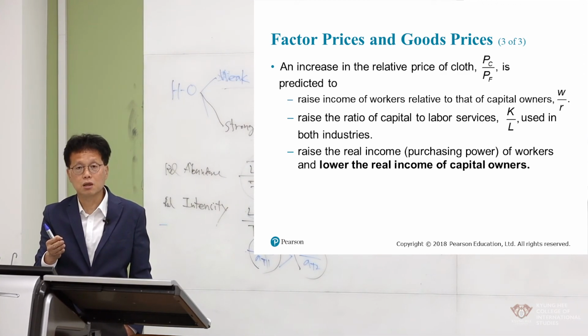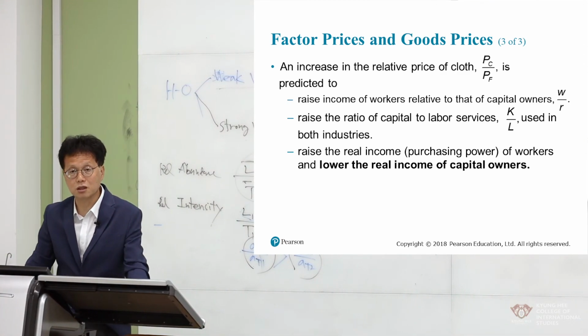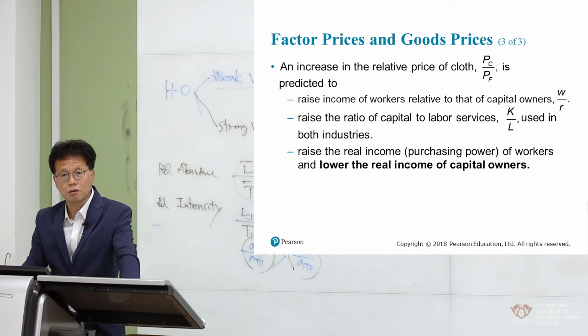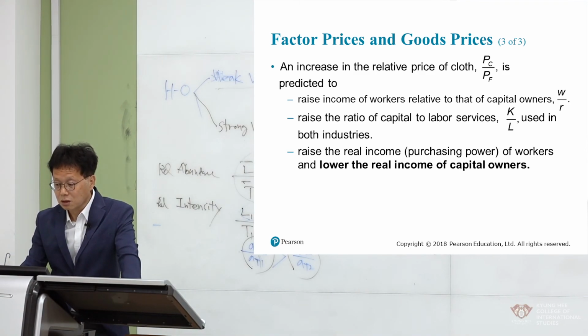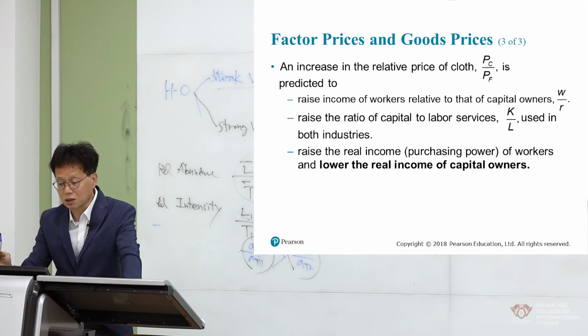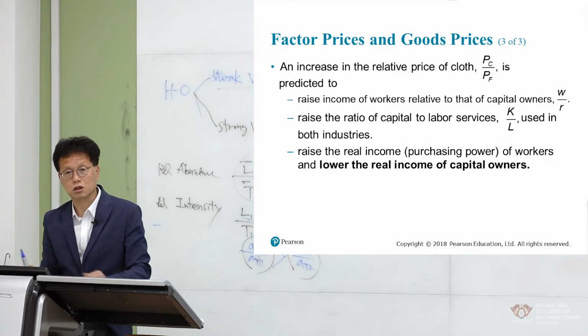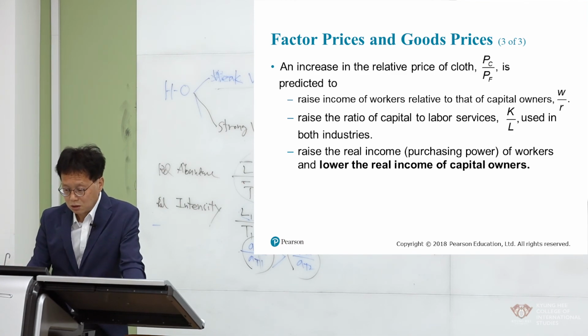In the Ricardian model, the wage rate increases, as you calculated in the numerical example, but not anymore here. Workers' real income increases as the marginal product of labor increases. At the same time, the marginal product of capital decreases, so the real income of capital owners, landowners, decreases. There exist winners and losers. Okay?